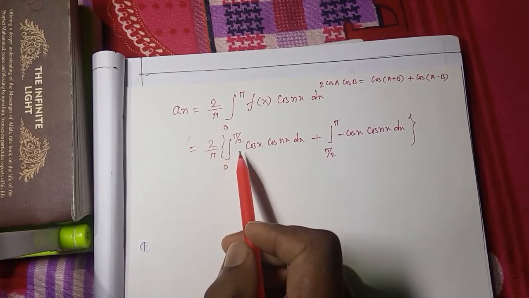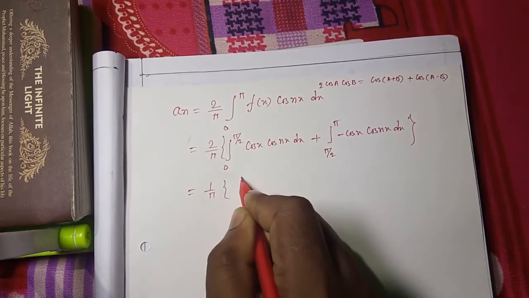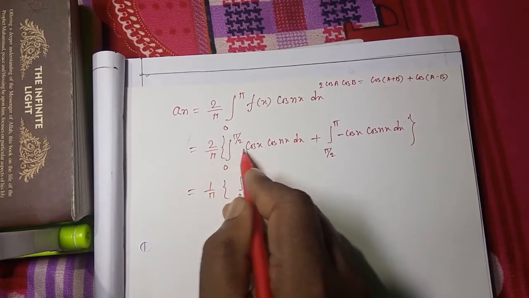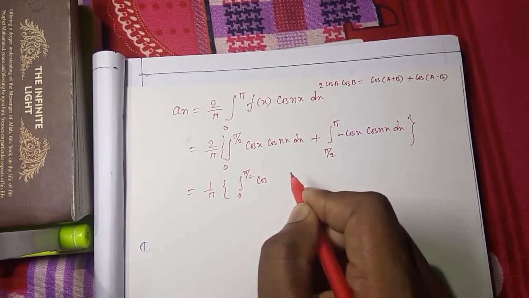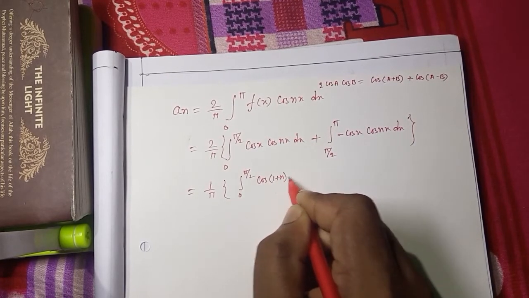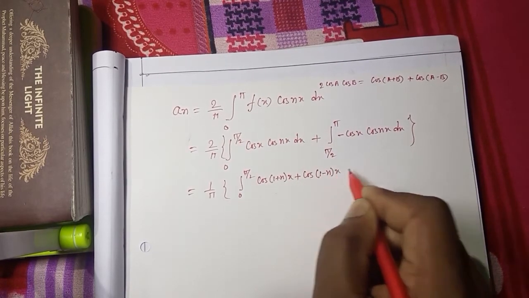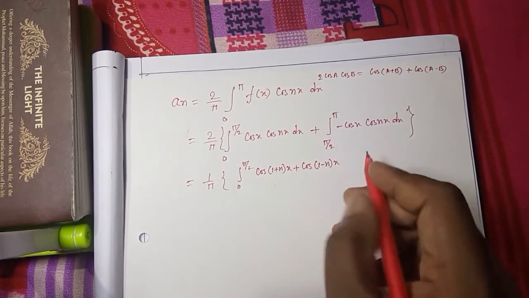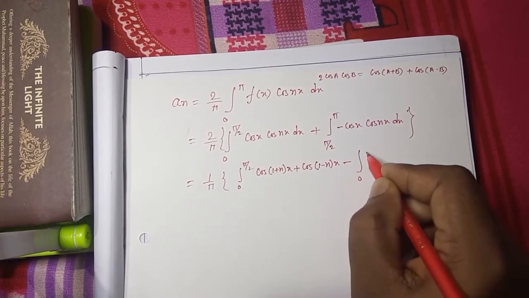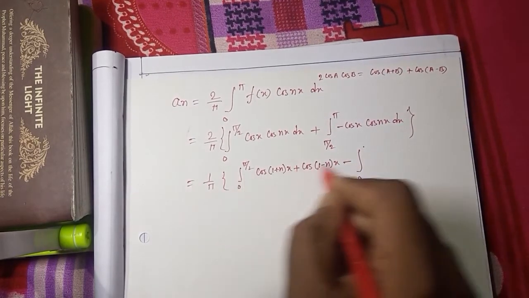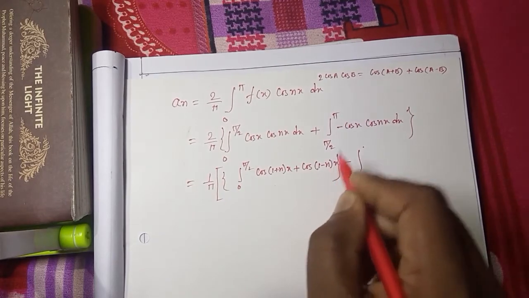If we multiply 2 here and here, then outside is 1 by pi, in integration 0 to pi by 2, this 2 cos x cos of nx dx gives cos of 1 plus n into x plus cos of 1 minus n into x, dx, and plus a minus, these two here 2 cos x cos of nx give the same value, in the second bracket, dx.